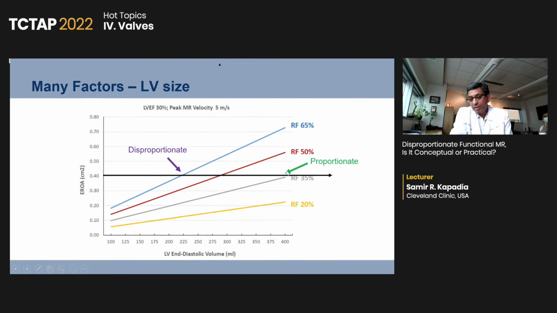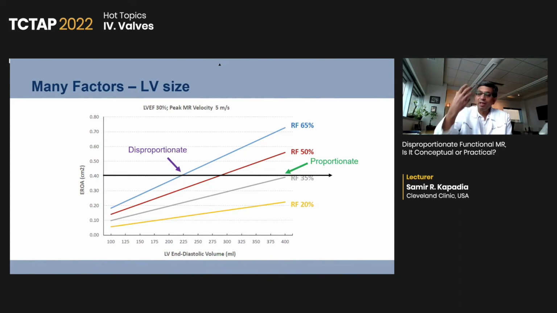Or if you are here where you have very little mitral valve leaking, then you will consider that proportional, meaning that if your LV end-diastolic volume is very high, you will be more likely to be proportionate. And if your LV end-diastolic volume is low, then you're more likely to be disproportionate.